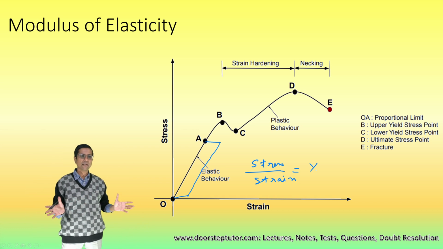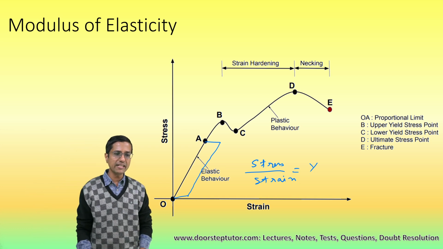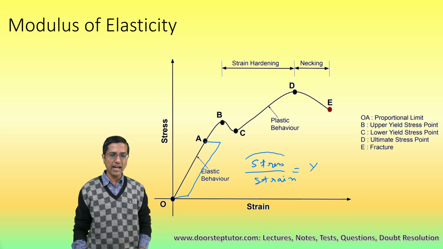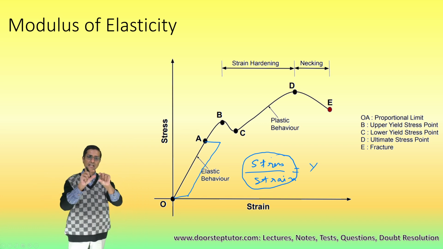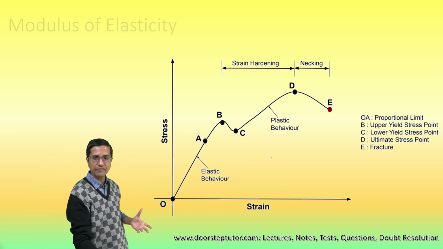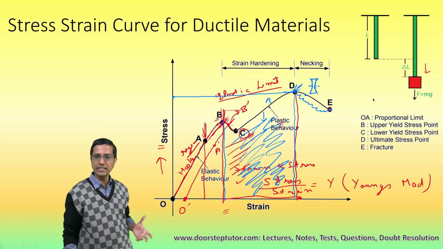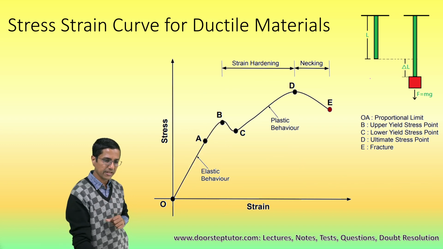So what is modulus of elasticity? Modulus of elasticity are the various ways of calculating the stress and strain. In the case of rods, in the case of a single dimension, when we are computing it only in terms of L and delta L, like we saw here in this figure, only in this case, the modulus of elasticity that we are computing is actually the Young's modulus.